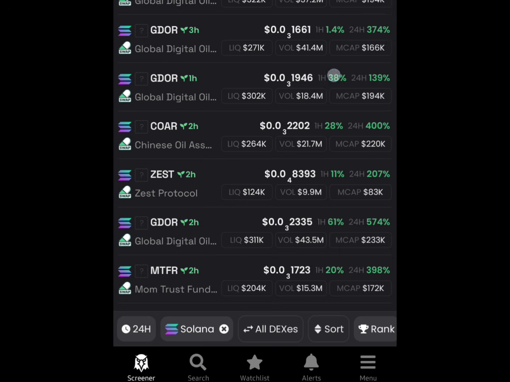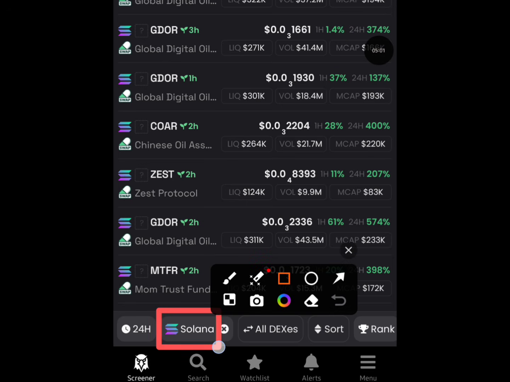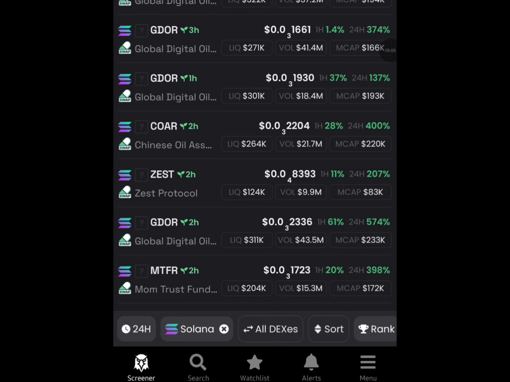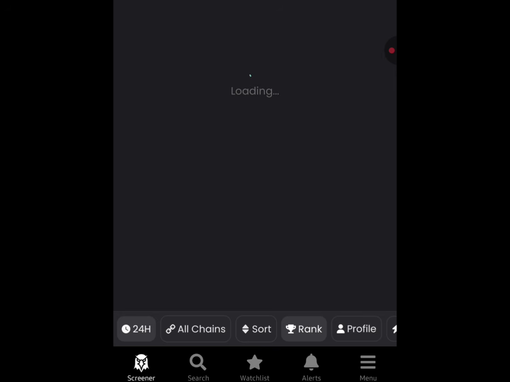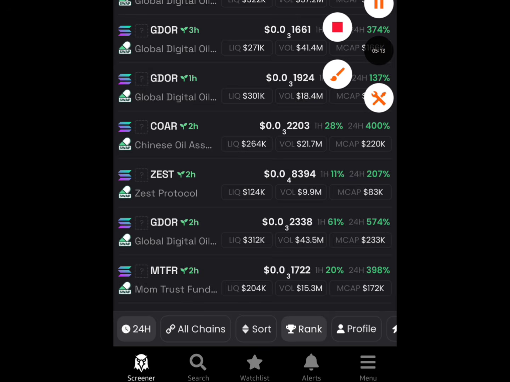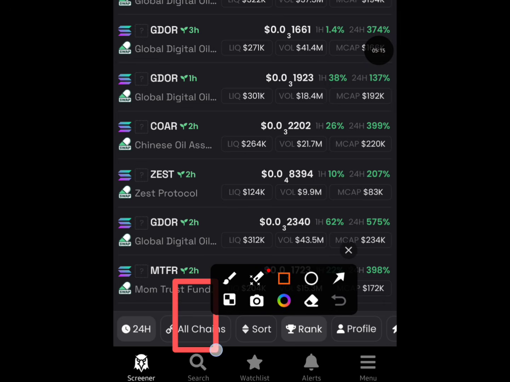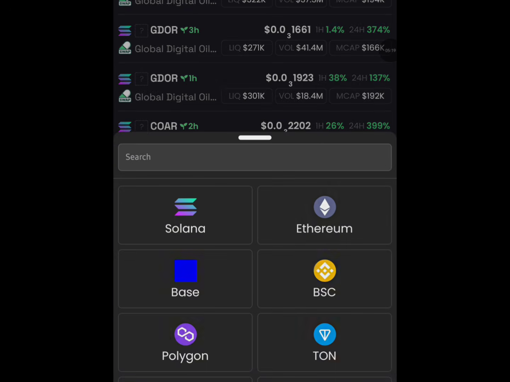Then you will leave Solana to be there on all DEXs, because if I should close this out, you're going to see that we have all chains. So click on it and change it to Solana.